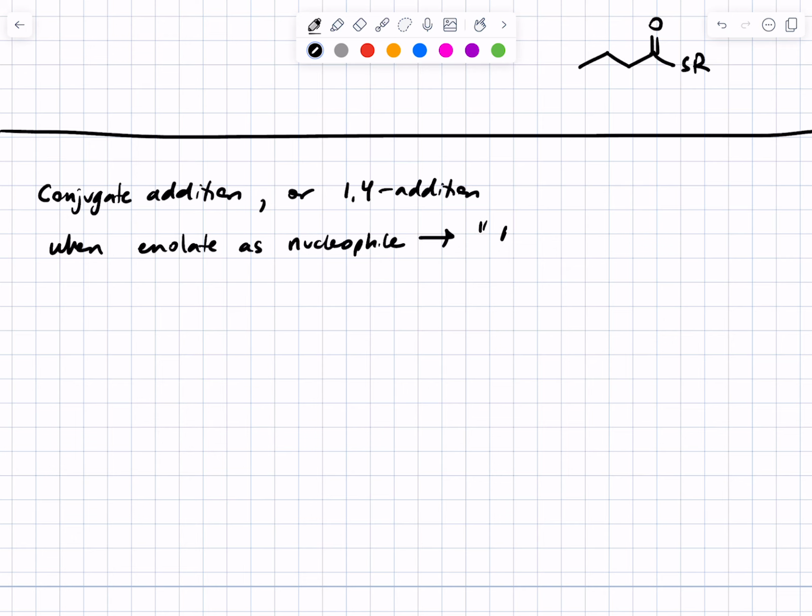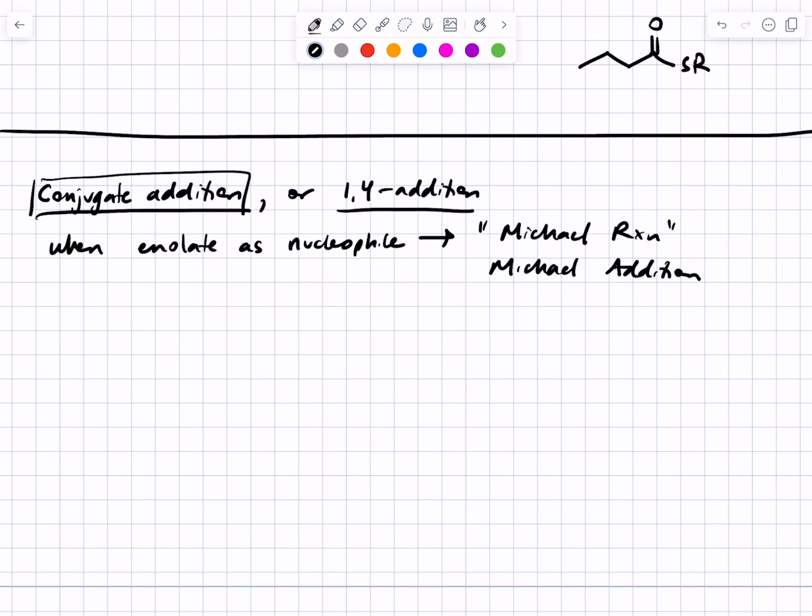The reaction is called the Michael reaction, or sometimes called Michael addition. Though that term, Michael addition, Michael reaction, has gotten to be even broader than just enolates. Basically, for a lot of people, if you show a nucleophile attacking the beta carbon of an alpha beta unsaturated carbonyl compound, they're going to say, oh, that's a Michael reaction. So we'll use conjugate addition, 1,4 addition, Michael addition, or Michael reaction somewhat interchangeably.